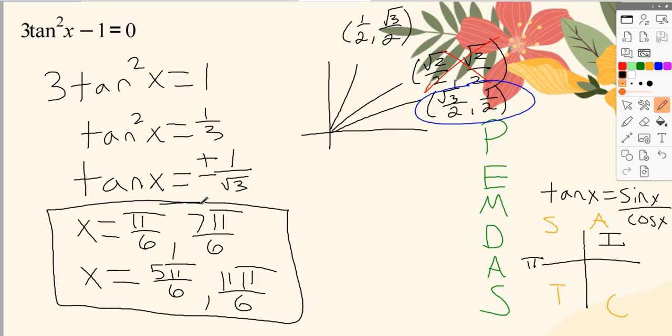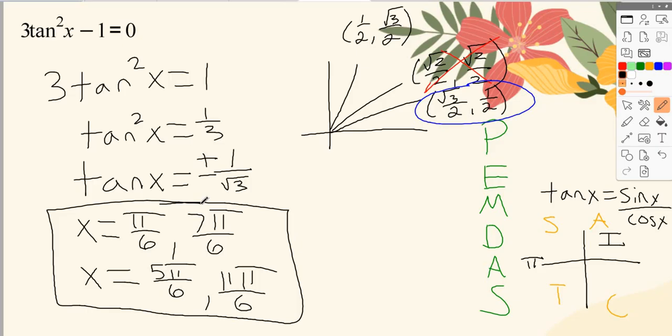Yeah. So when you find the first answer, like you found pi over 6, all the other denominators have to be 6. Now I will say the only difference is, say I only had the negative one, I'm still going through the same process. I'm still starting with my first quadrant because I should have those memorized.